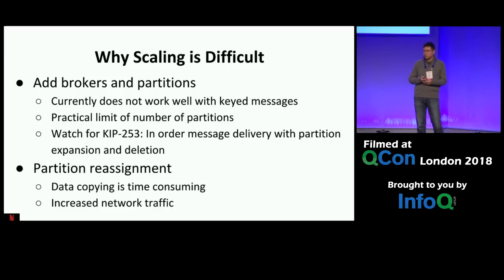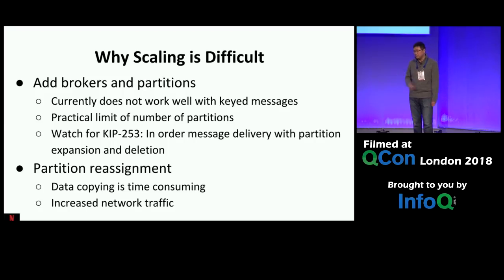The second approach to scale up is to add brokers and do partition reassignment. The biggest problem with that is there's a data copying process involved, because when you bring up a new broker and you reassign the ownership of the partition, the new broker has to copy the data of that partition from the current leader before it can function as a leader.